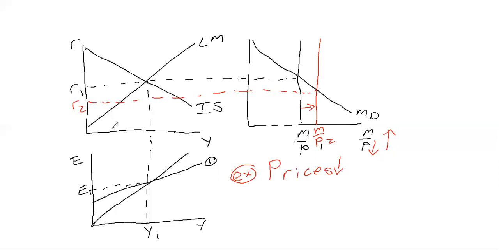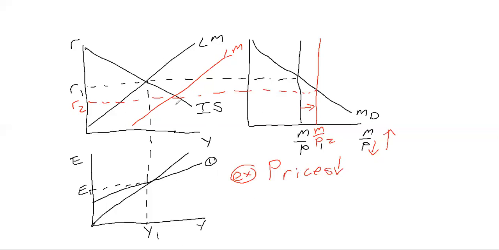We're going to have a shift to the right to meet the equilibrium in the LM curve. So it should cross where the real interest rate 2 is. Now we see that we have an equilibrium in the money market and an equilibrium in the ISLM model.